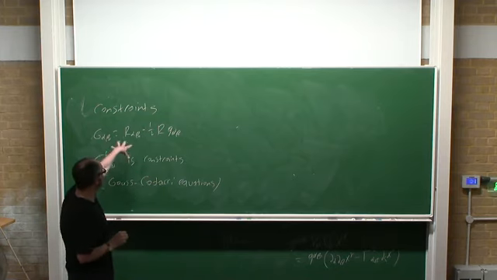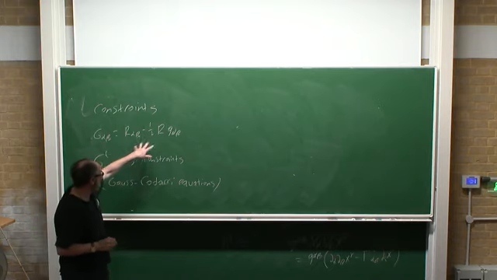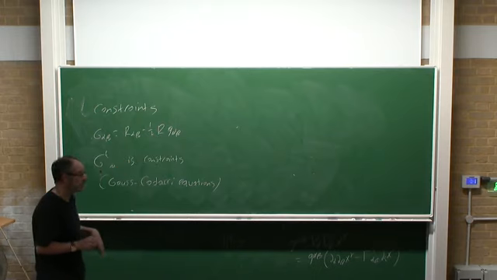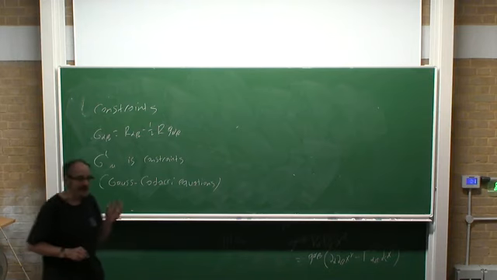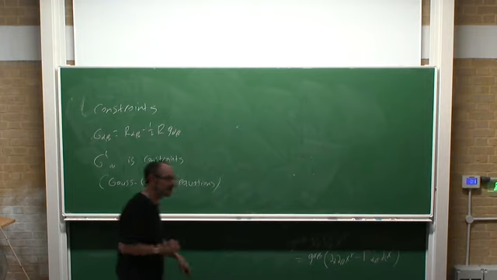Okay, so the first thing I want to mention has to do with constraints in general relativity. So let me use this abbreviation G alpha beta to be the left-hand side of the Einstein equations with matter. I said in general, we figure that they should have two time derivatives.